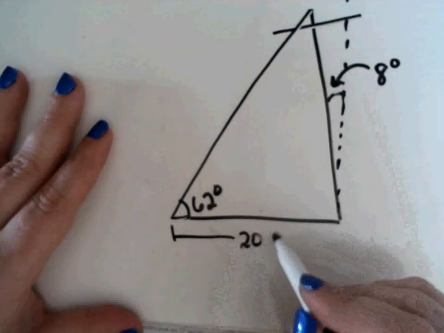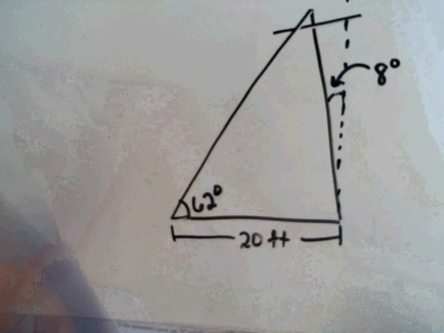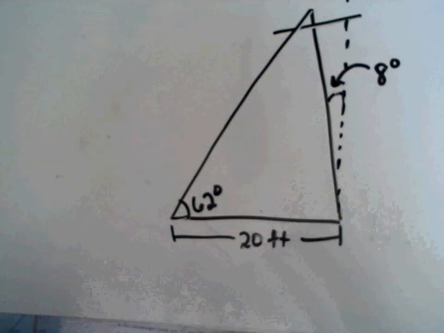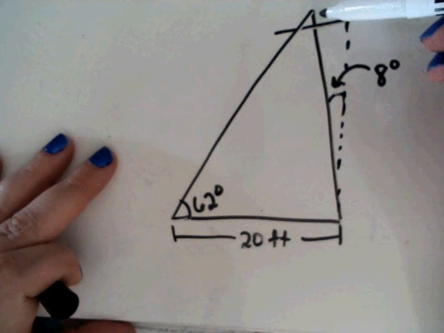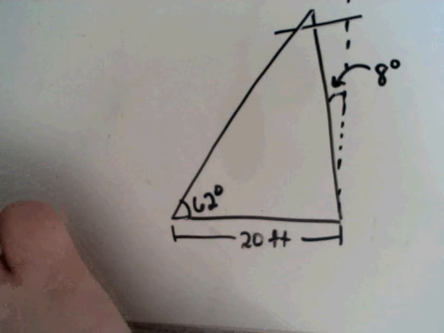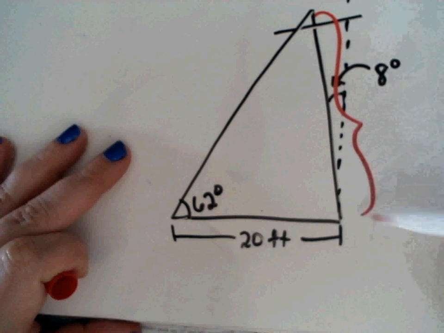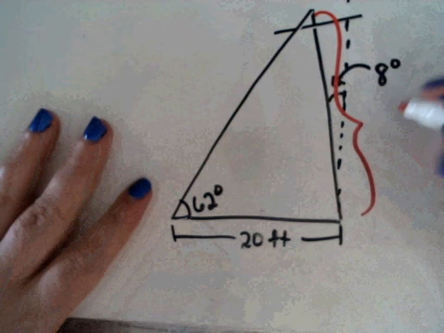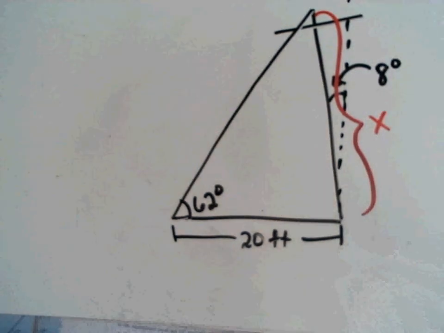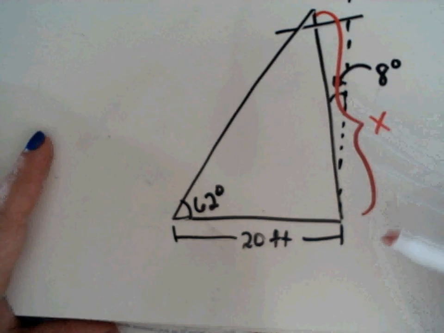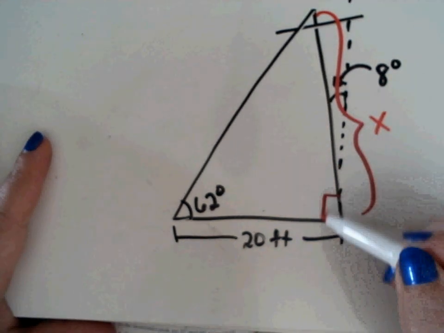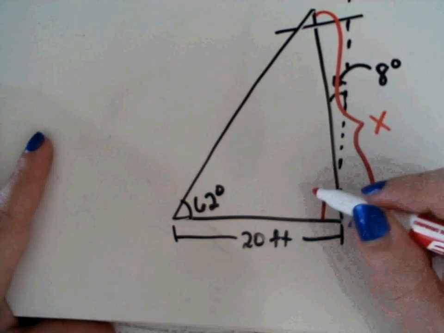This being 62 degrees, and these two being 20 feet apart. So we're trying to find this length right here. Let me go with a different color. Okay. I'm going to label that X.